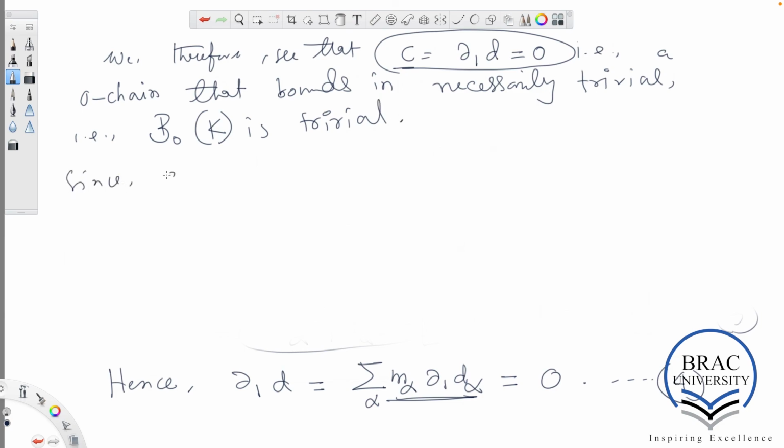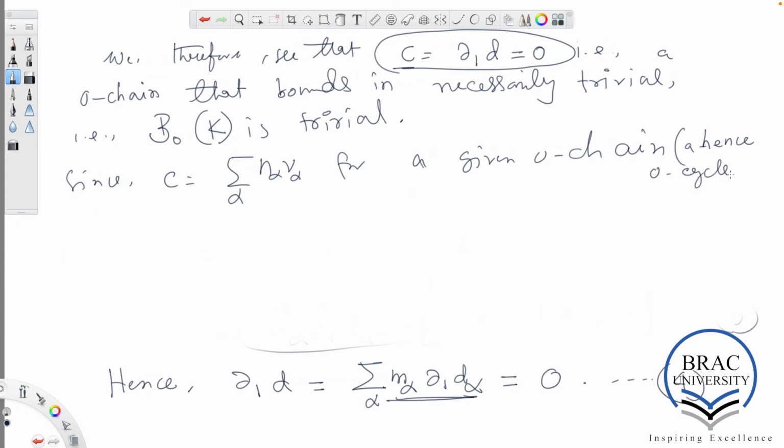Since C is equal to the sum over all the alphas of n alpha v alpha, for a given 0 chain, a 0 chain is a cycle, and hence a 0 cycle. And there are no non-trivial 0 chains that bound, as we have just found.